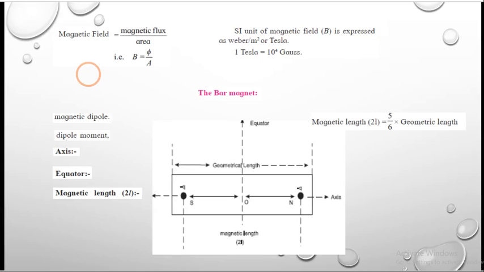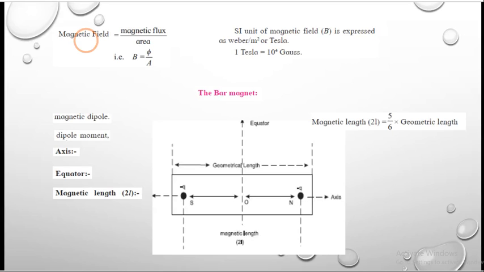When we consider any one pole strength with the distance between south and north pole, it is called the magnetic dipole moment. It is given by Q into 2L, or Qm into 2L. This is a vector quantity because 2L represents the vector form of distance from south pole to north pole.